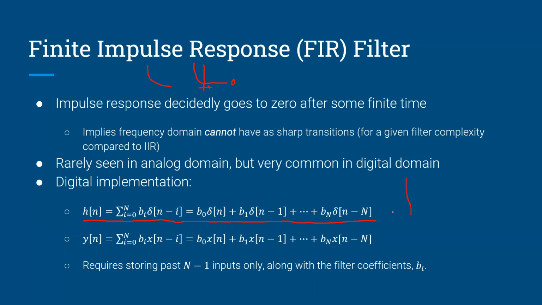So this might look something like you have something at 0, and then something at position 1. You might have something at position 2, 3, 4, and then 5. And after that, let's say, it goes to 0. So after that, no more impulse response. It's all 0.